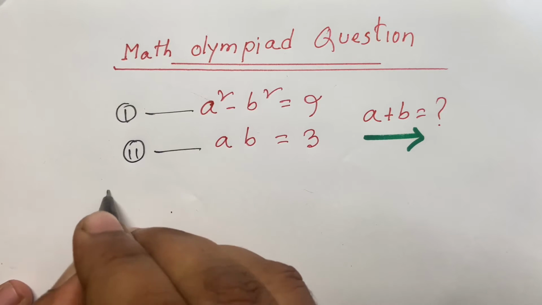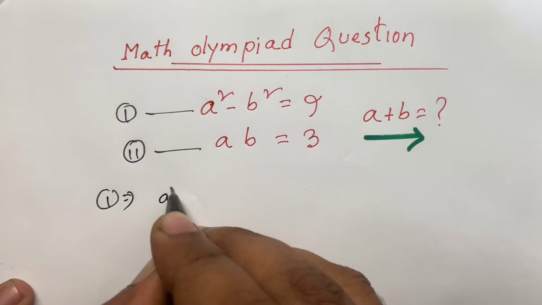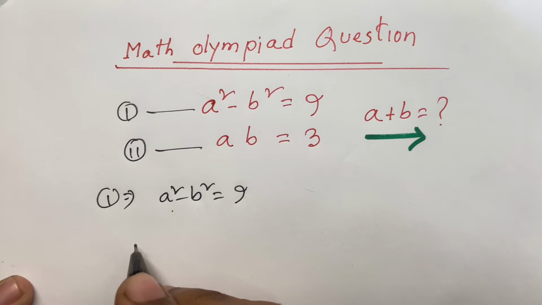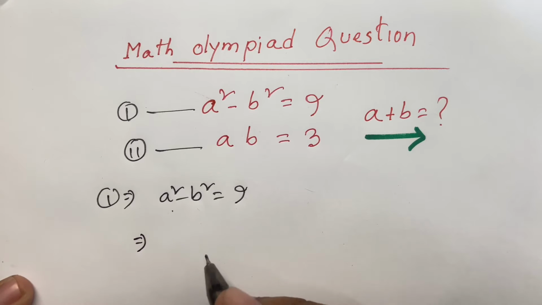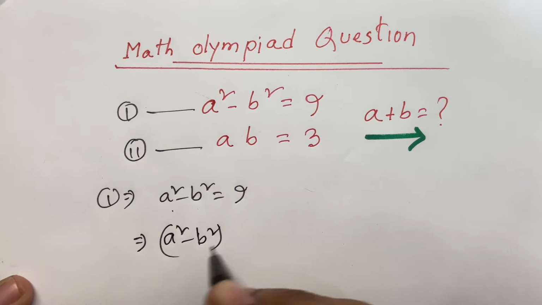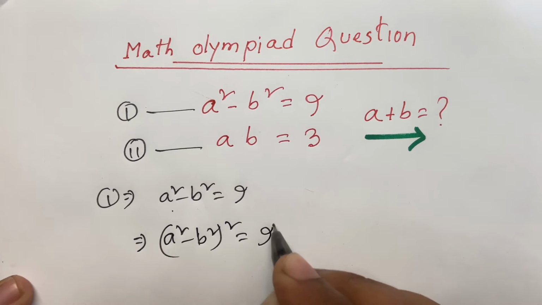Now the first equation is a square minus b square equal to 9. Now I can square both sides, so (a square minus b square) whole square equals 9 square. I apply both sides square.